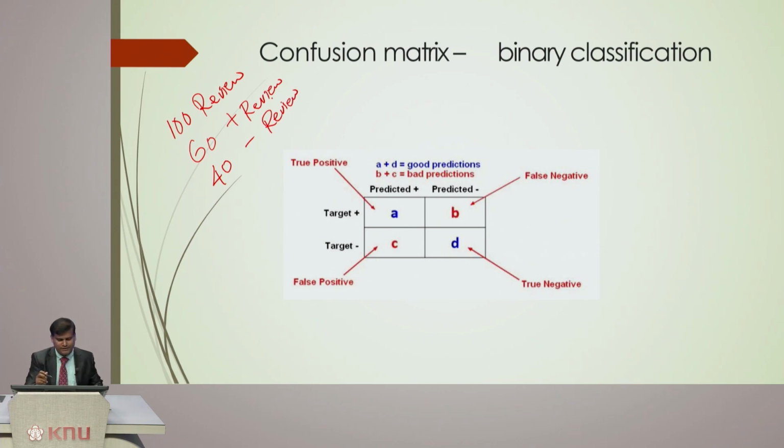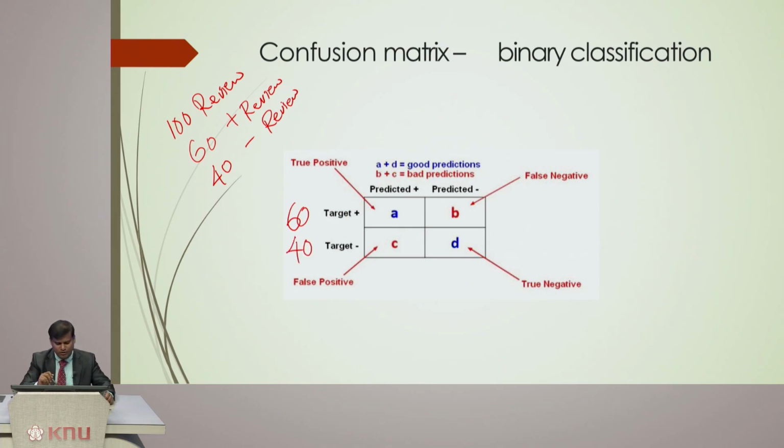So the total number of positive reviews is 60 and negative is 40.